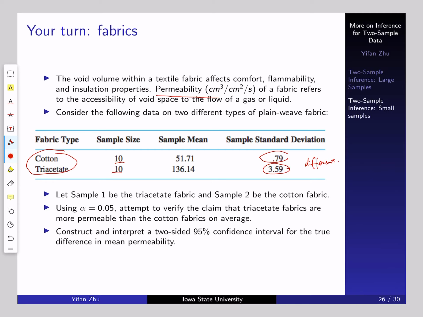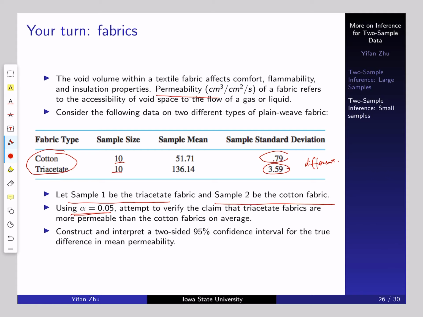In this case, we will be using the Cochran-Cox-Satterthwaite approximation to do the t-test. We will use sample 1 to denote the triacetate fabric and sample 2 to denote the cotton. Use the significance level alpha equals 0.05.